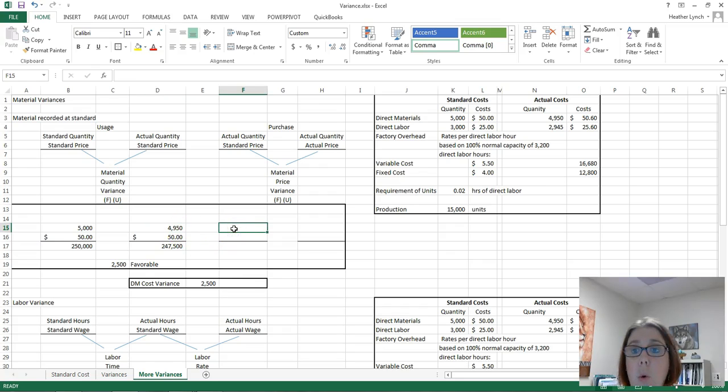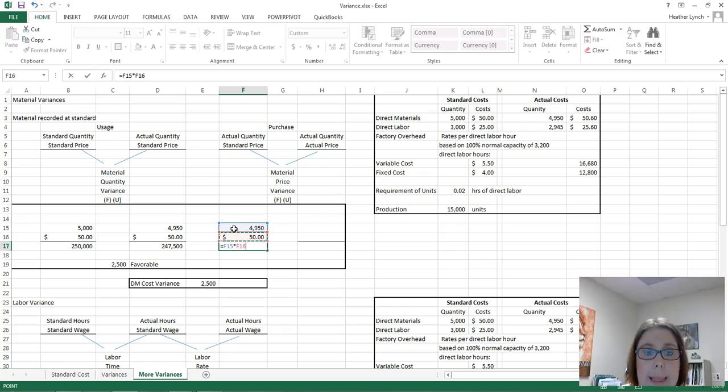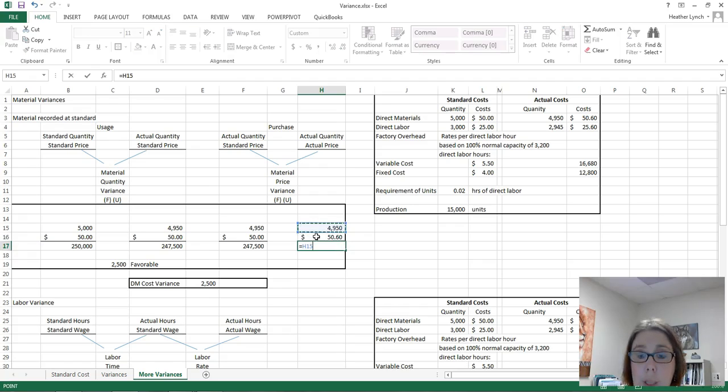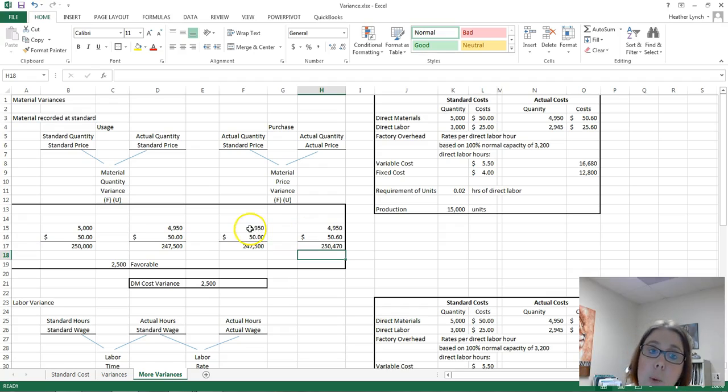Purchasing our actual quantity, which was 4,950. Our standard price was $50. So we can take those times each other. Actual quantity, again, we're doing the material, so that was the 4,950, but our actual cost was $50.60. What's going to happen on this one? If you're saying, oh, I'm going to have an unfavorable, you are correct, because we used 4,950 units.